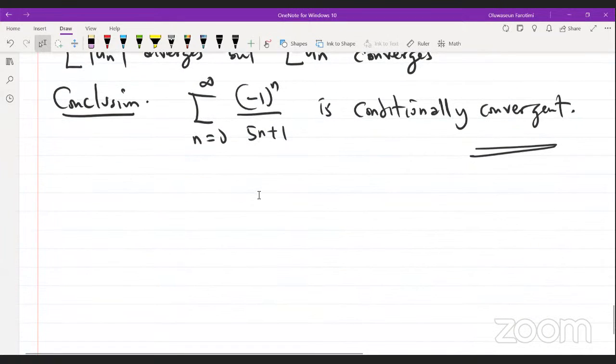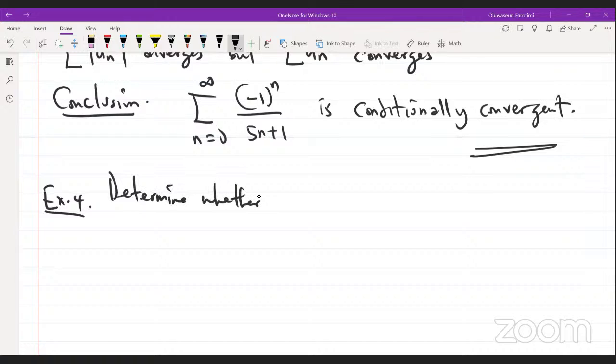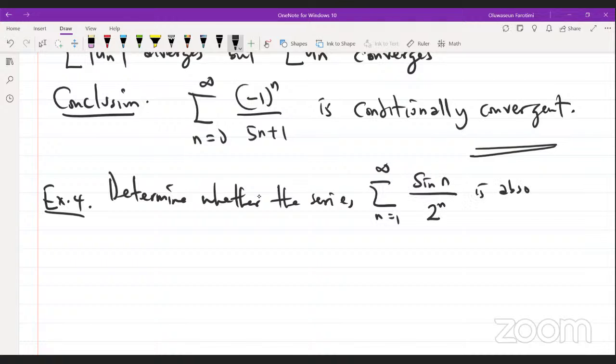All right. Now let's do another interesting example. Example 4. Determine whether the series is absolutely convergent.